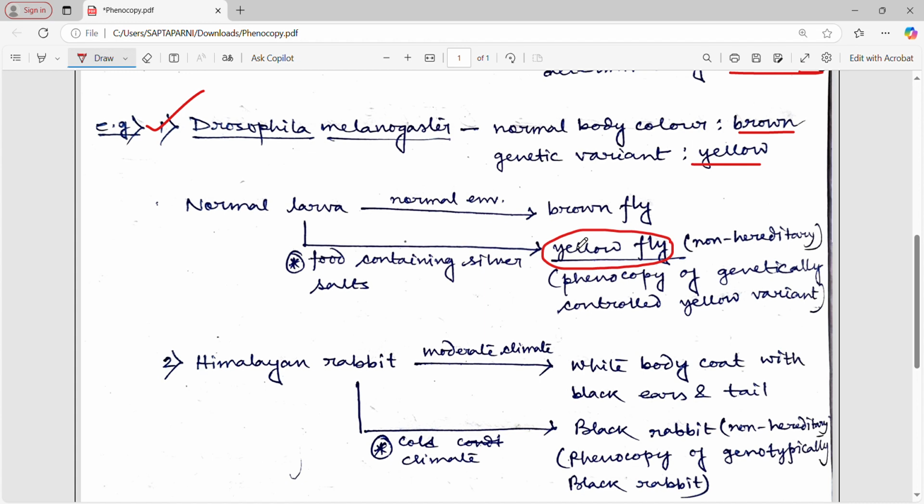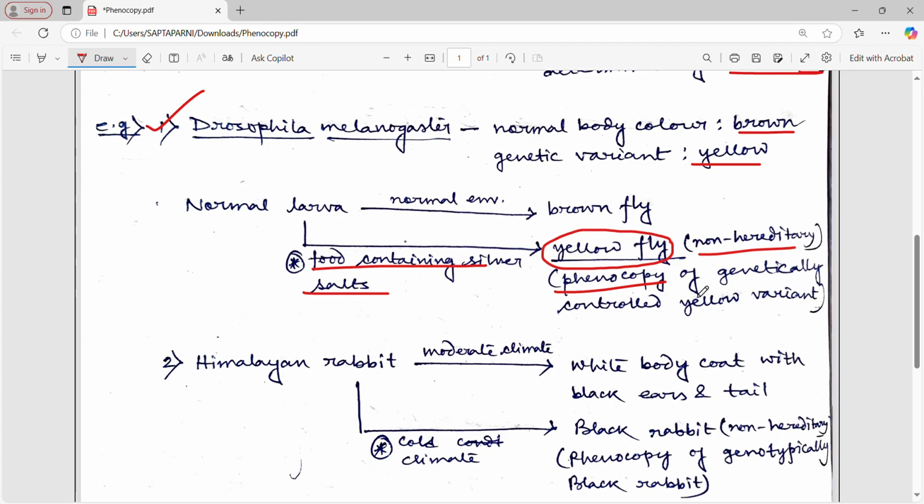But due to this environmental condition, due to this change in feeding pattern, their body color changes into yellow. So this yellow color is not determined by the genotype, rather it is determined by the environmental condition, so it is non-hereditary, and it is a phenocopy of the genetically controlled yellow variant.